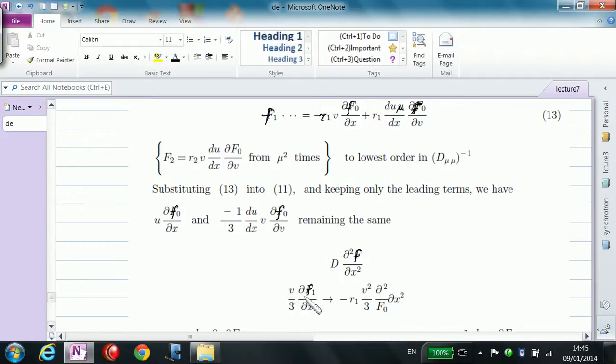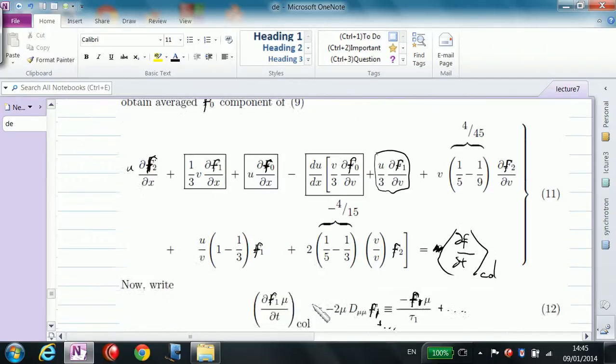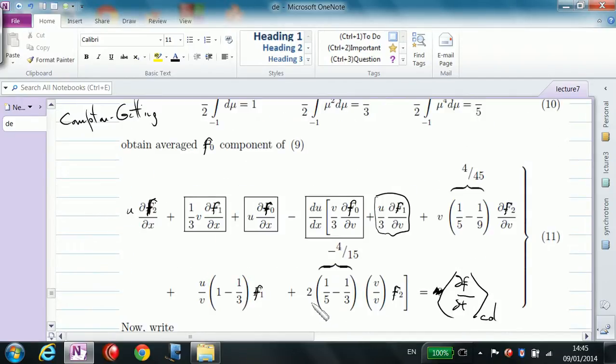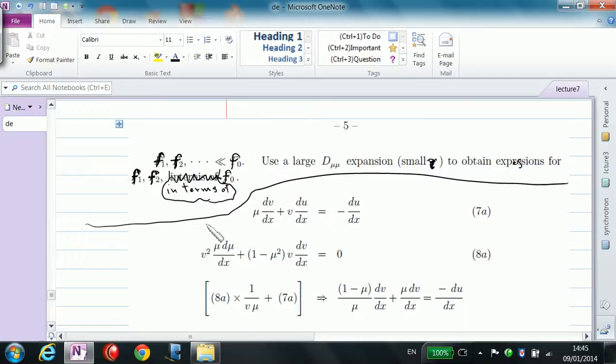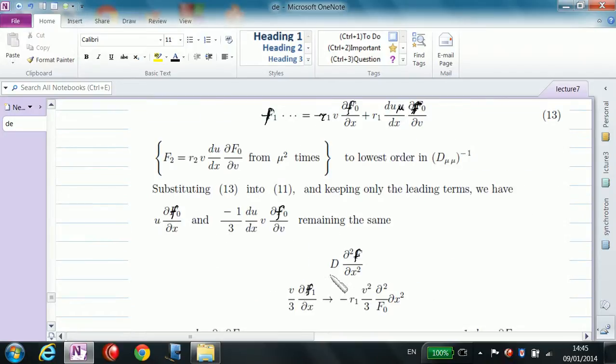Alright, so what happens is this term v df1 dx, which was here, becomes a second derivative in df dx. It becomes this.